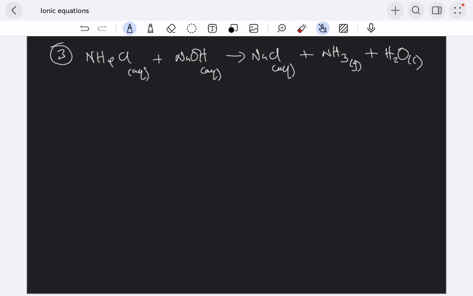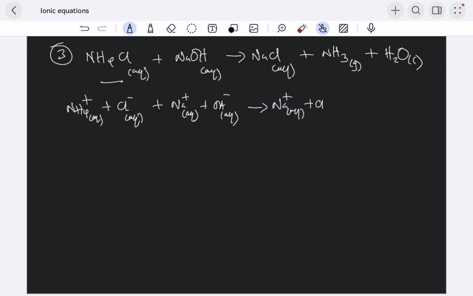So the next thing that we have to do is dissociate the compounds in aqueous state. If I dissociate this, I should have NH4+ aqueous plus Cl- aqueous. Then sodium Na+ aqueous plus OH- aqueous. Then Na+ aqueous plus Cl- aqueous. Then the NH3 remains the same and the H2O remains the same.